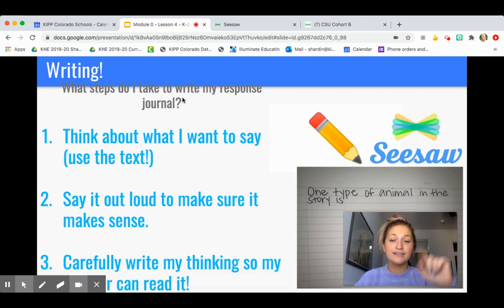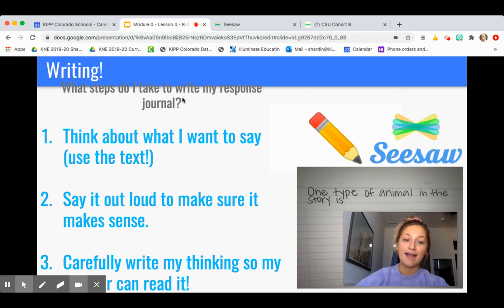The first thing that I did was I thought about what I wanted to say, and I used the text to help me remember what was happening in the book. Next, I said it out loud to make sure that it made sense. And then last, I carefully wrote my thinking down so I could read it. There was one extra step I added to the end, which was that I reread my sentence out loud after I wrote it so that I could make sure that my thinking made sense in writing.